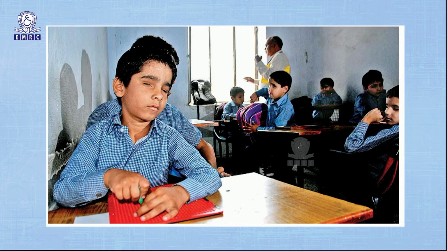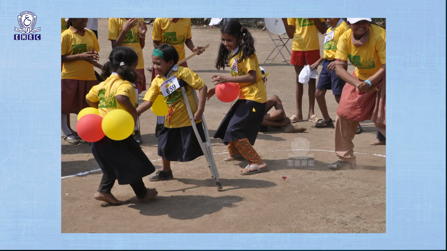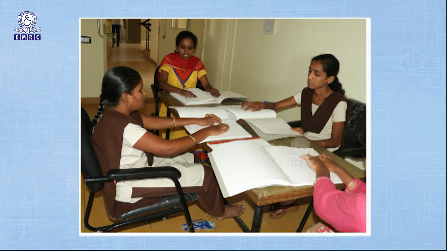Most states have, however, not notified state rules under this act despite the mandatory requirement to do so within 6 months. Courses for children with special needs have to be designed to develop their skills of readiness, academic competencies and sense of motivation for successful integration in regular schools.